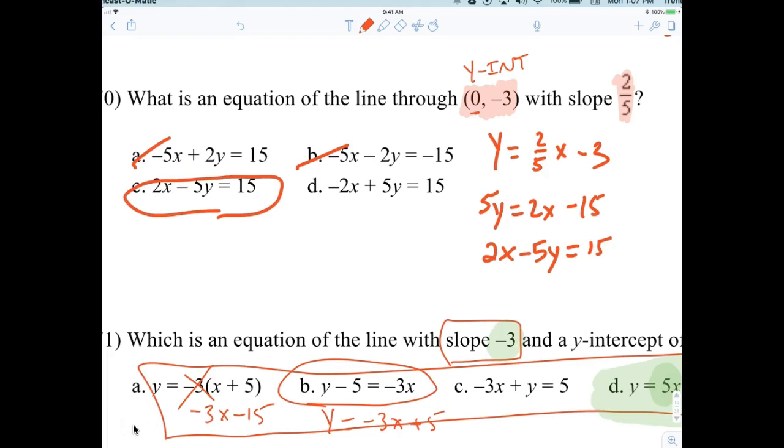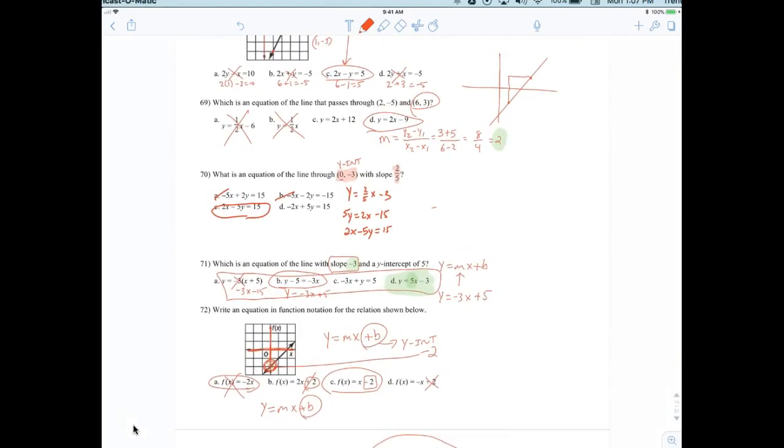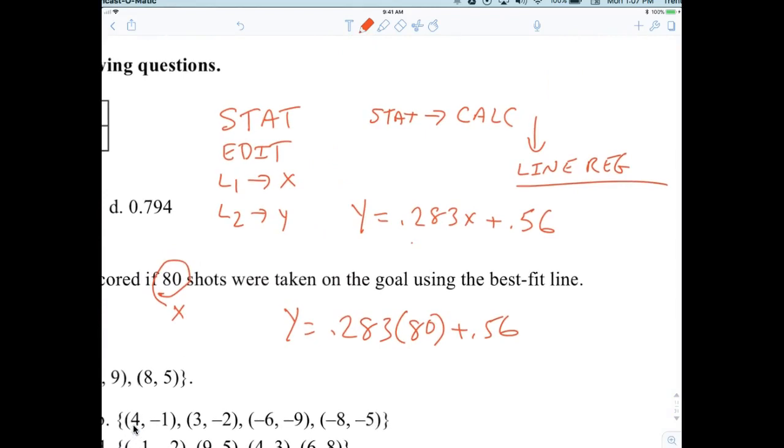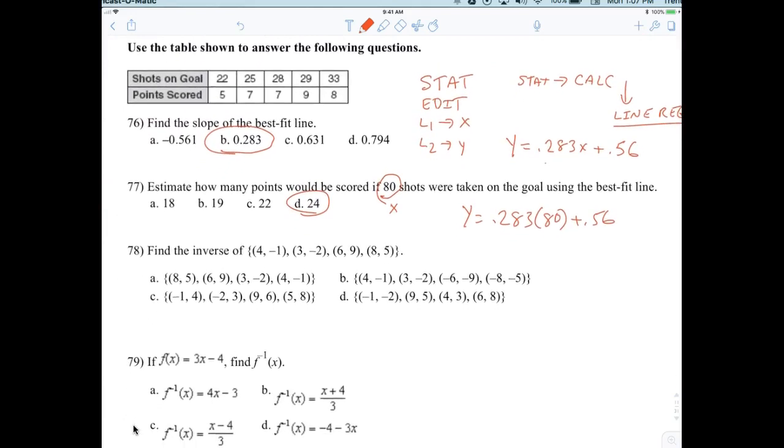All right. Yes, quick. I forgot how to do the line of best fit. Okay, so on your calculator, I think I explained that. All right. Here it is right here. You go to Stat, Edit, and then under L1, you type in the x coordinates, and under L2, you type in the y coordinates.